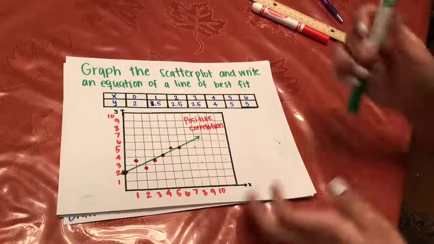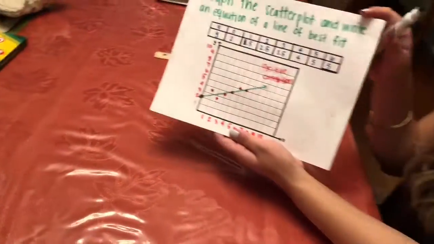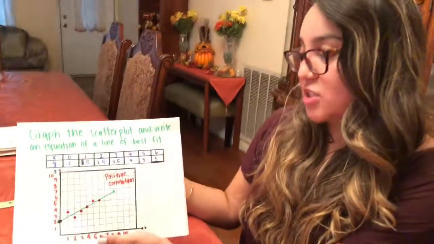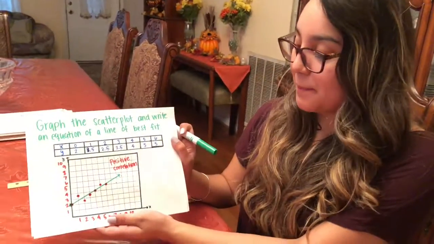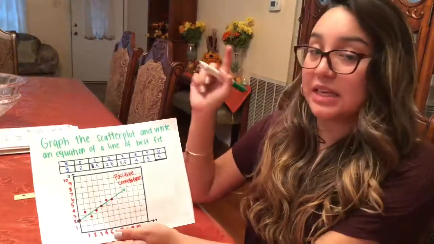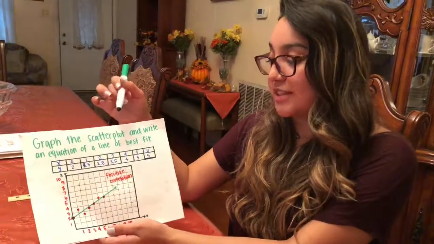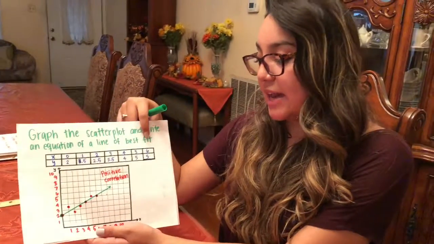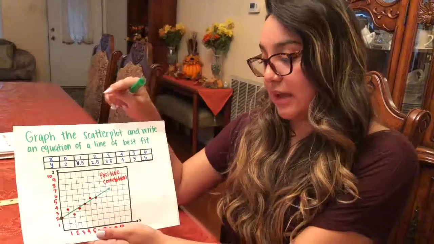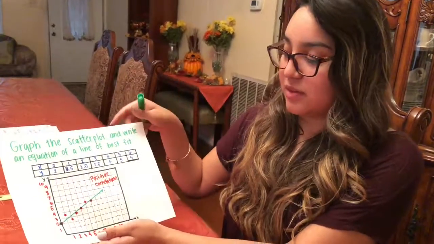So now we're actually going to write the equation of the line of best fit. And to do that, our first step is to choose 2 points on our line. So not 2 points from the data, but 2 points of our line, because we're writing the equation of the line.